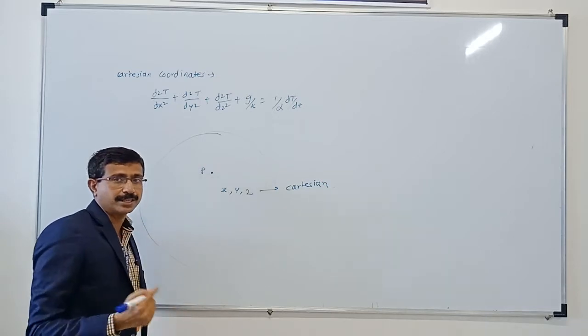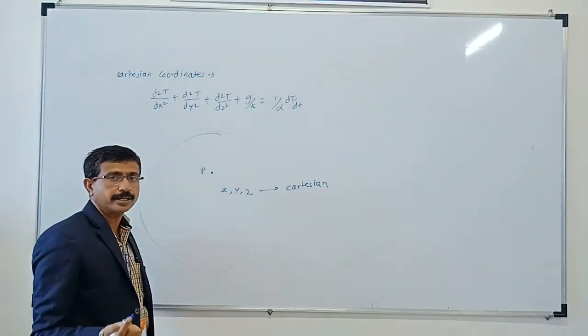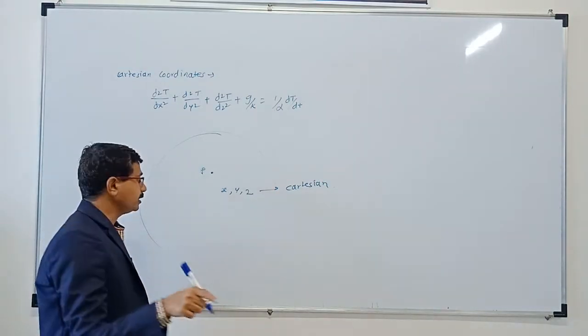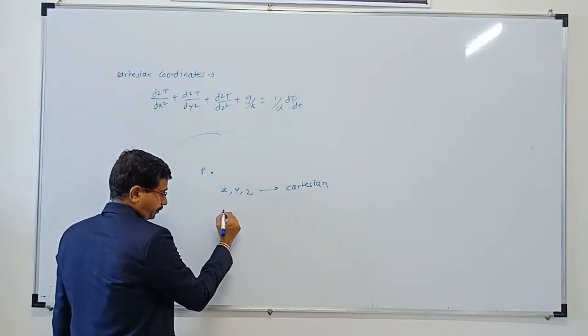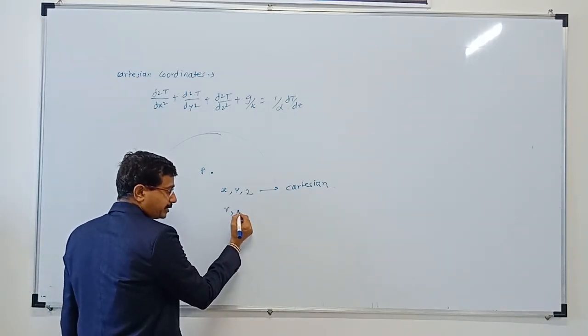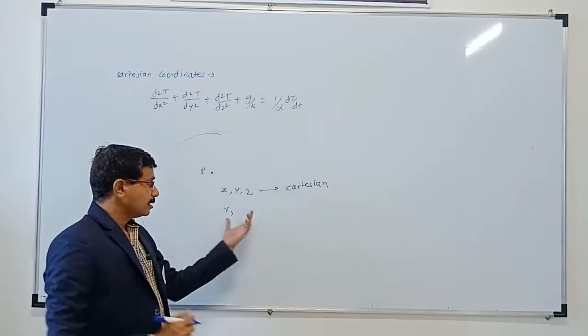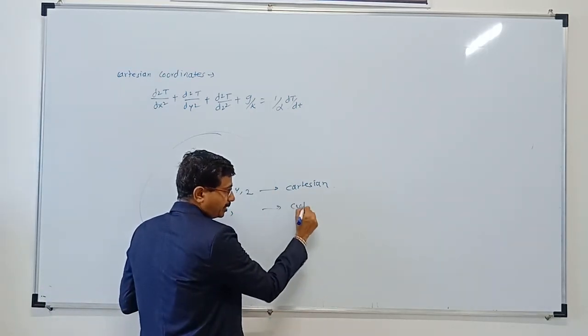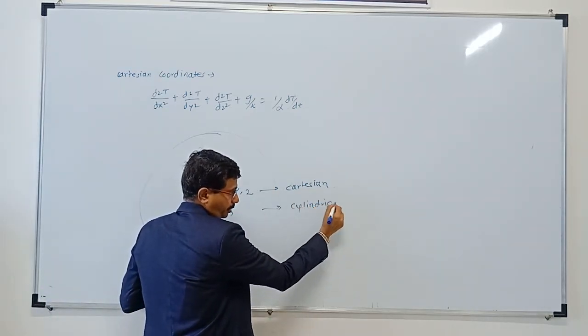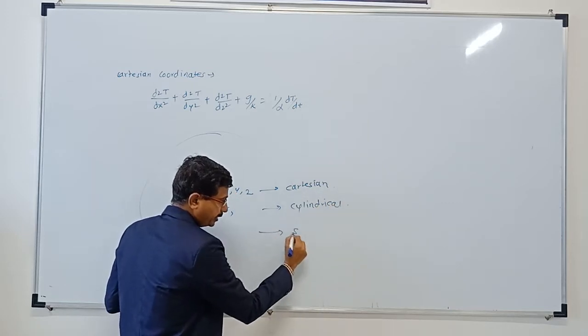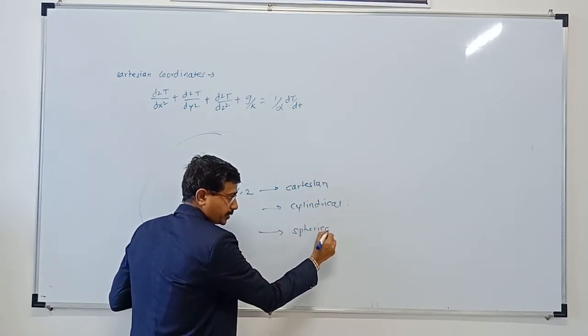Anybody knows from mathematics what the spherical coordinates are? Yes, it is r, that is radius. Sorry, before spherical there are cylindrical coordinates, and finally there are spherical coordinates.